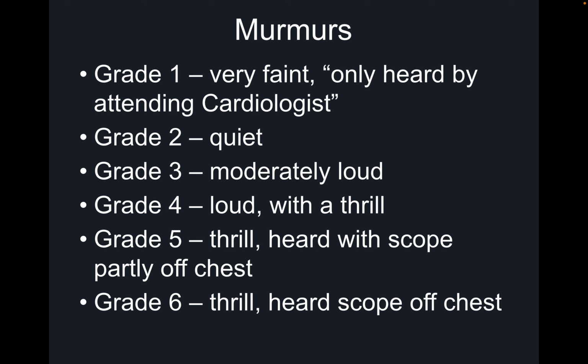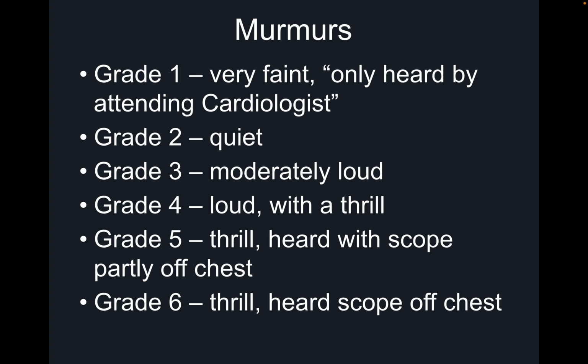We use a grading scale to describe the severity or how loud these sounds are, ranging from 1, which is really, we say, only heard by a very experienced cardiologist, whereas a 6 you can really see or hear even with the stethoscope off the chest.